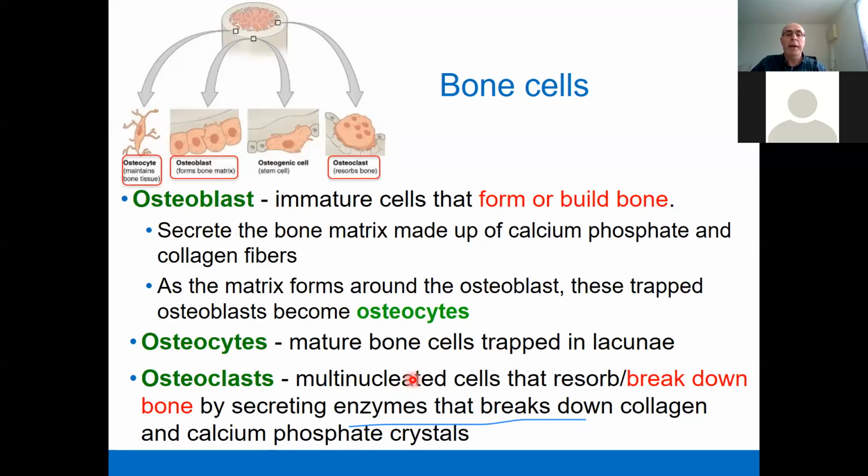These cells are important because they resorb or break down bone by secreting enzymes that break down collagen and calcium phosphate crystals. As you see, osteoblasts form bone, and osteoclasts resorb, breaking down the bone which is built by osteoblasts.